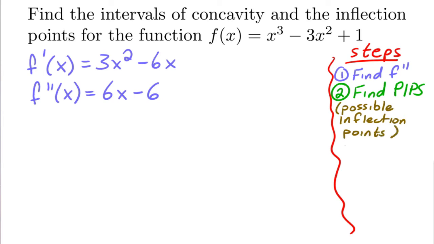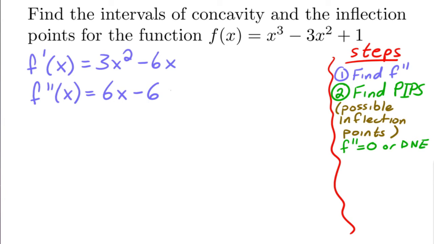Well, it's the same as the critical points for the first derivative, except that it's for the second derivative. Now, there's no official name for it, so that's why I'm just going to call them pips. So the pips are where the second derivative is either 0 or does not exist.